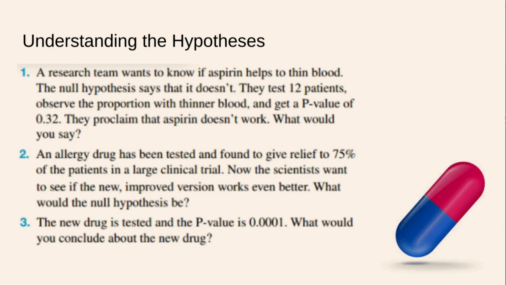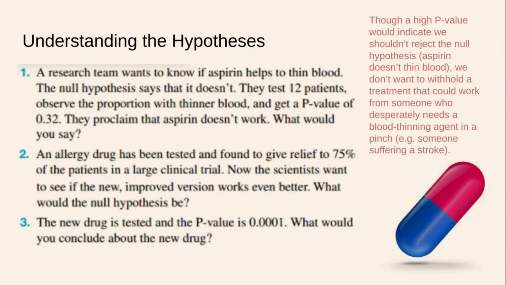What would you say? Well, here is what I would say. 0.32 is a high p-value, so at face value, we would want to not reject the null hypothesis, which means that we don't have enough evidence to reject that aspirin has no effect on the blood.